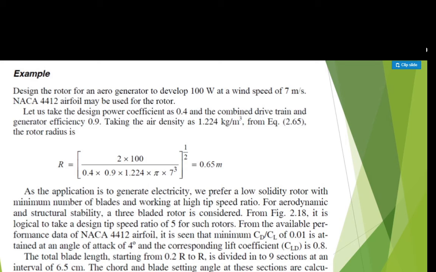The total blade length, starting from 0.2 R to R, is divided into 9 sections at an interval of 6.5 centimeter. The chord and blade setting angle at these sections are calculated using this equation. The results are given in table 2.1, and the profile of the design blade is shown in the figure.